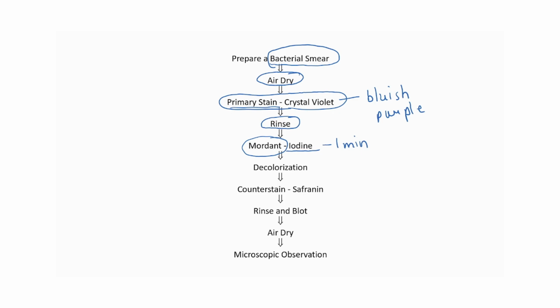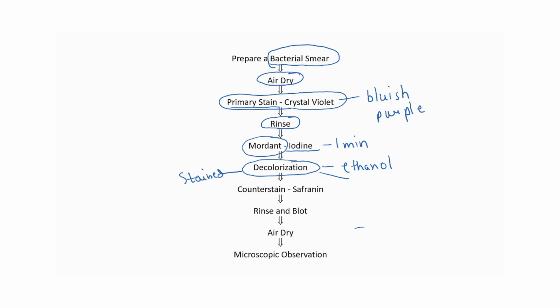After this, the next step is decolorization. What do we use to decolorize? We treat it with ethanol or acetone to decolorize the stain. This is a very important step, because after that some of the bacterial cells stay stained and some do not.